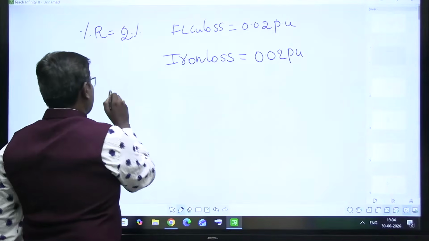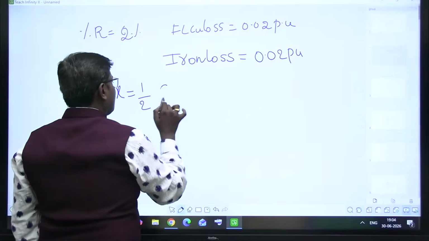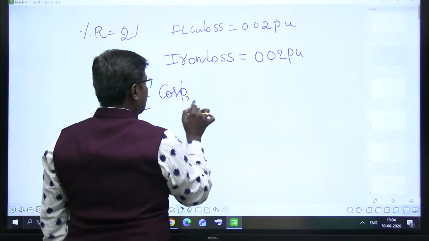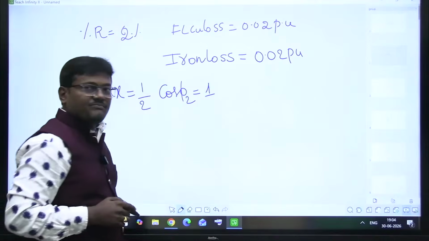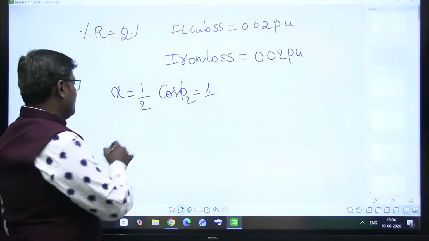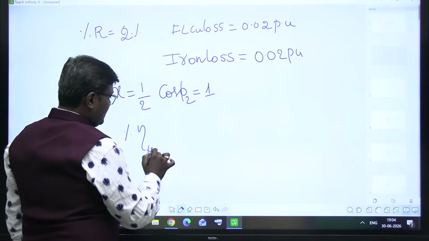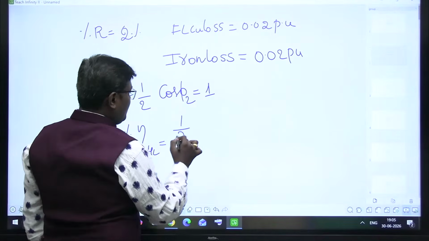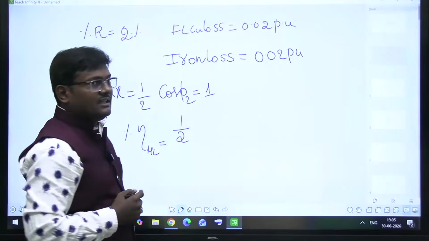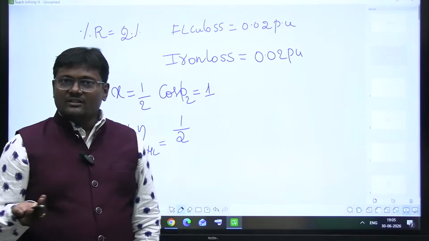So the x value is half and the power factor is equal to unity. Just by substituting these values in the formula, percentage efficiency at half load is equal to half into kVA. We will take it as 1 per unit, all are in per unit.